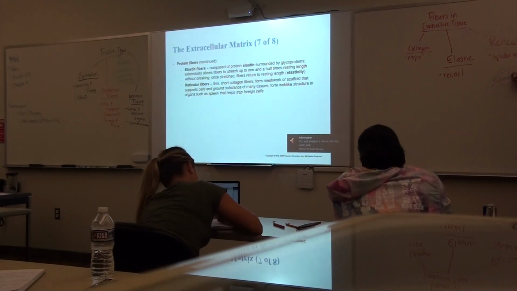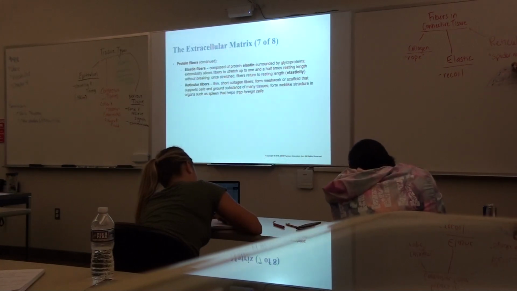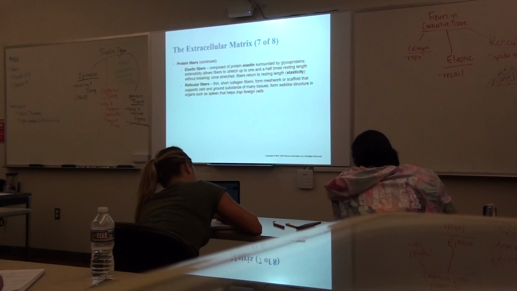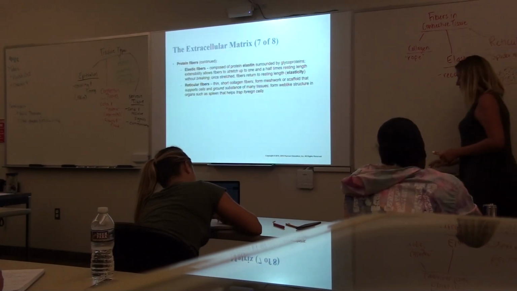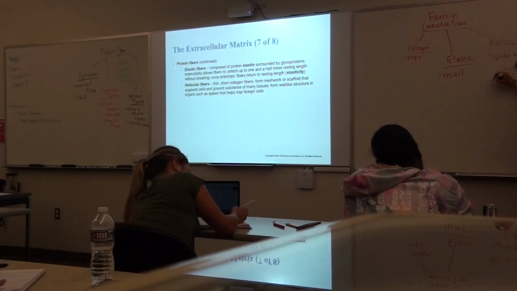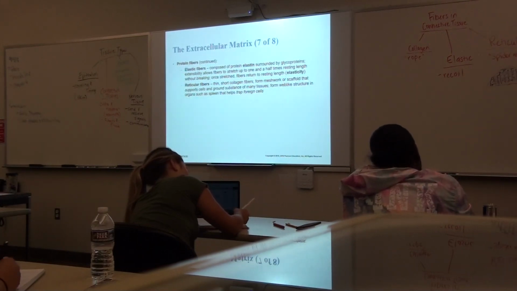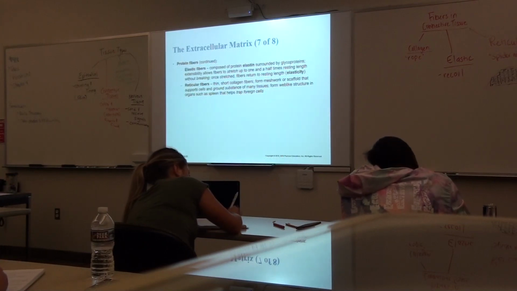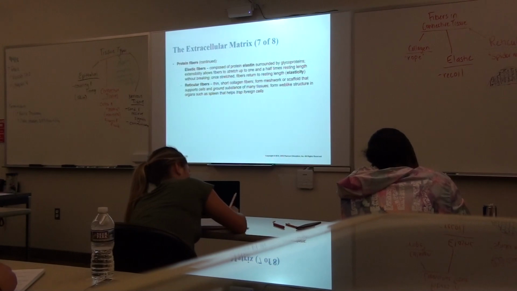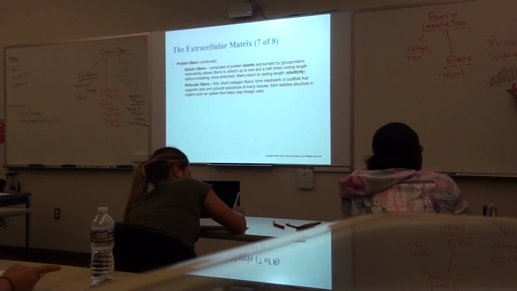And guess what? Among these liver cells is a spiderweb network of reticular fibers holding them all together. So reticular fibers are literally like a mesh network holding organs together. Your liver's held together by reticular fibers, your lungs, your spleen, your lymph nodes, a bunch of different organs held together by reticular fibers.